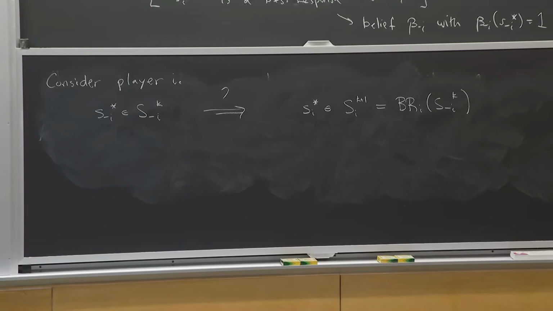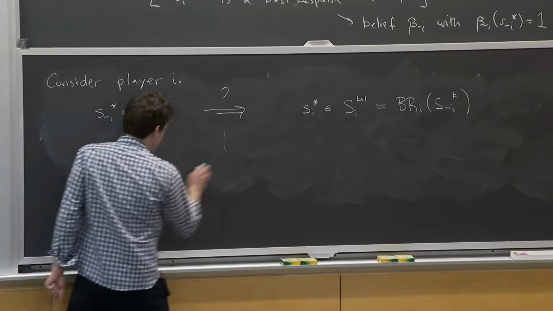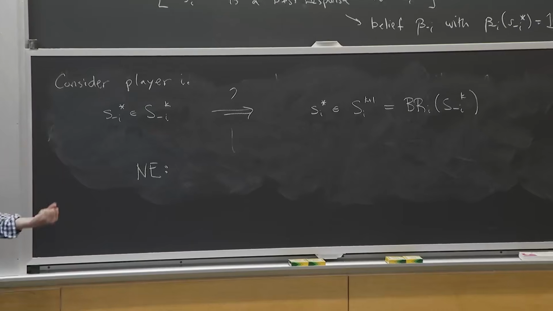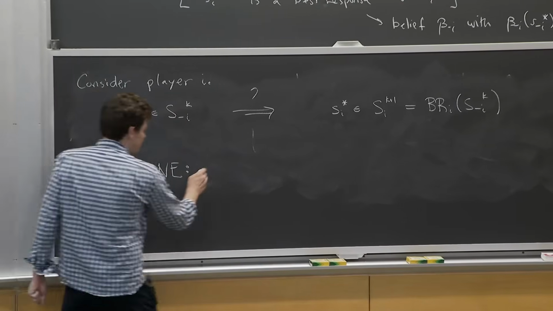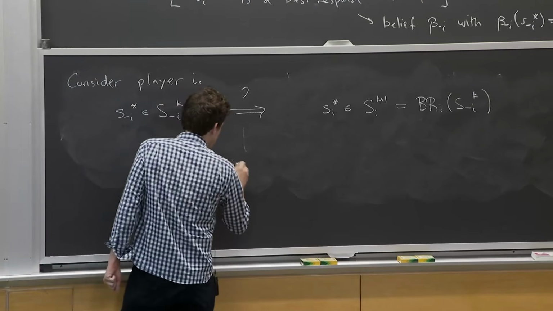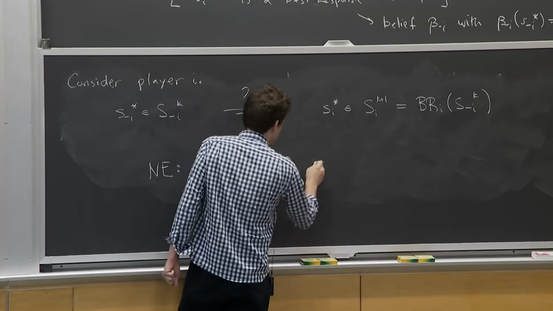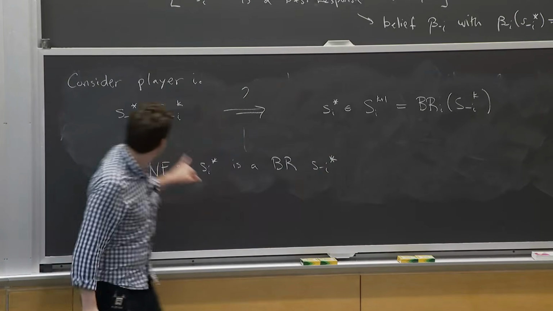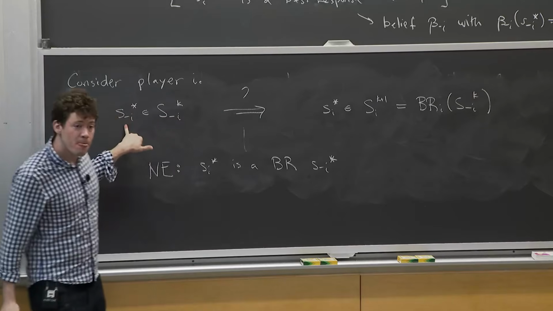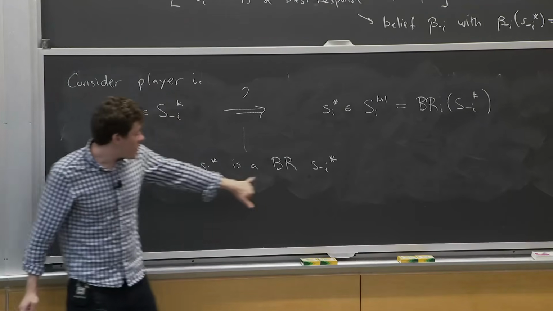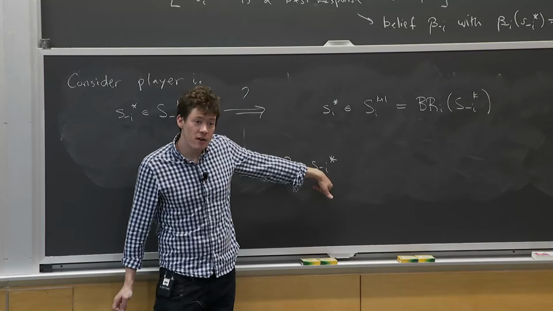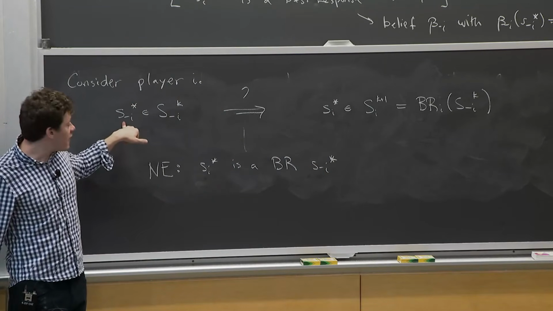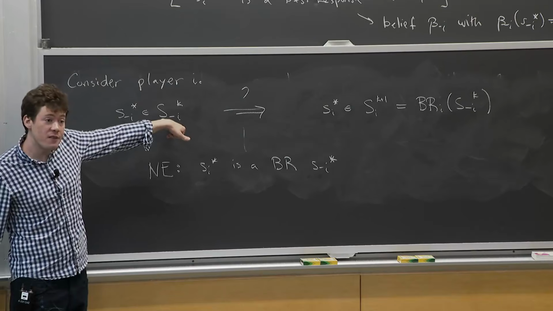Exactly right. By the definition of Nash equilibrium, we know that SI star is a best response to S negative I star, right? And remember, this is a small s, this is a big S, this is a small s. And we know by our inductive hypothesis that S negative I star is a strategy in S negative IK.